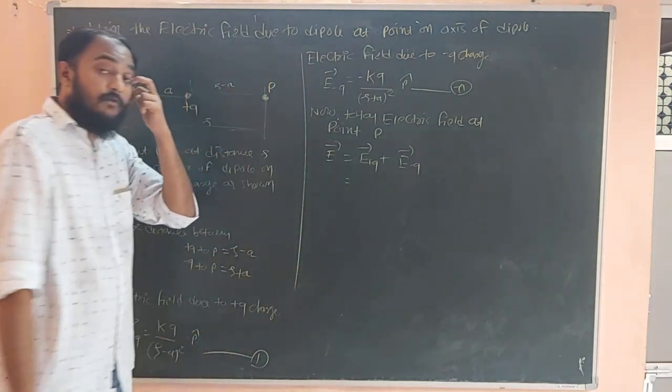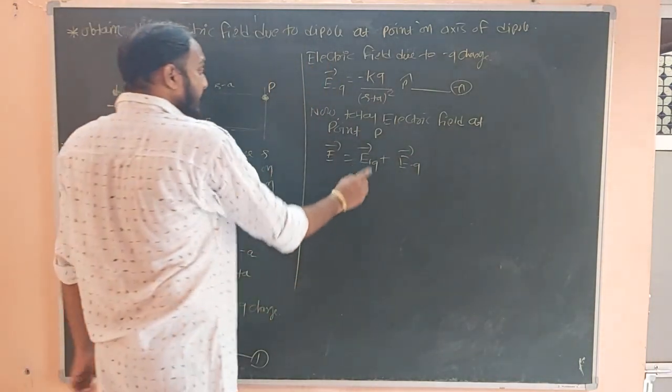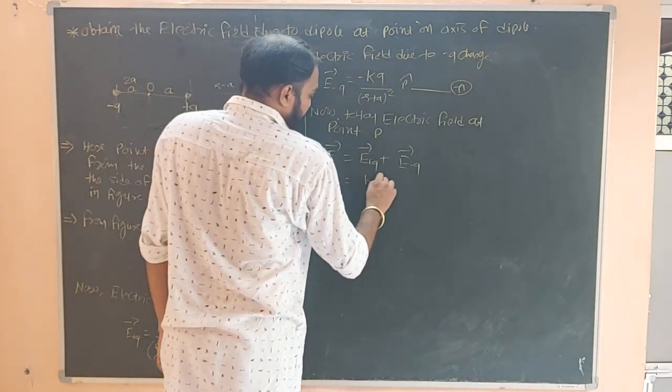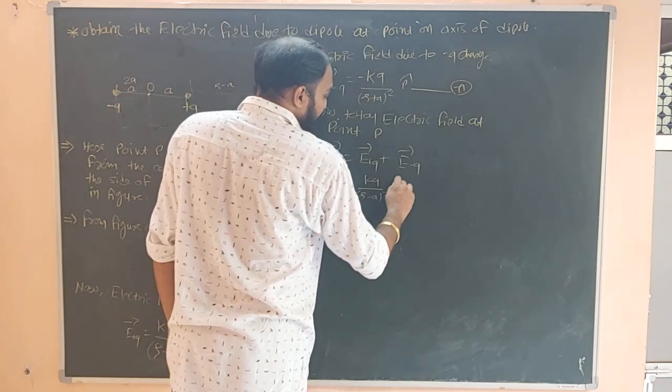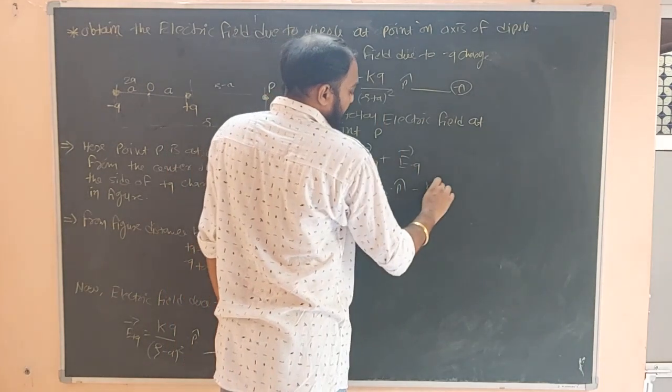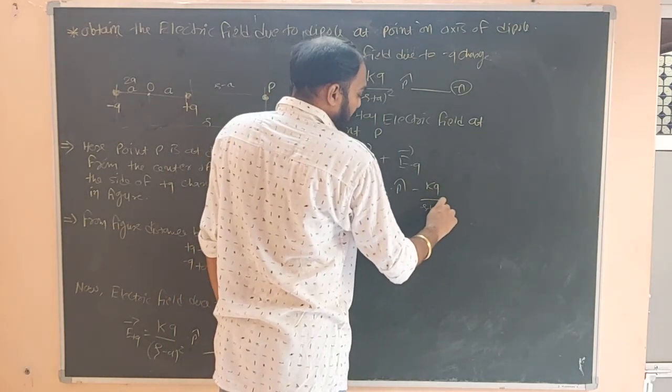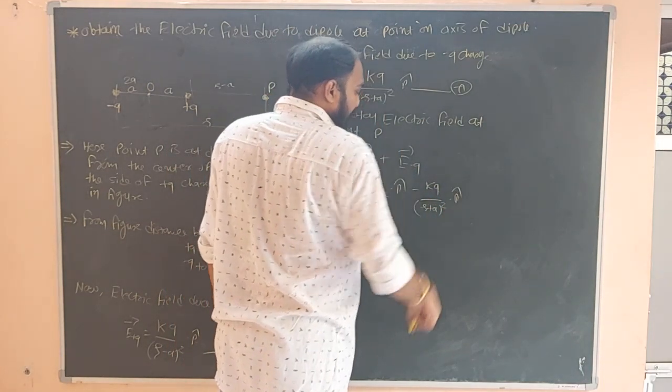Putting the values of equations 1 and 2 in this equation, what will we get? KQ by (R minus A) to the power 2 into p caret minus KQ by (R plus A) to the power 2 into p caret.